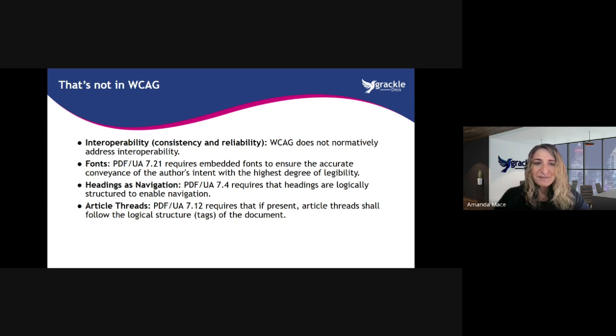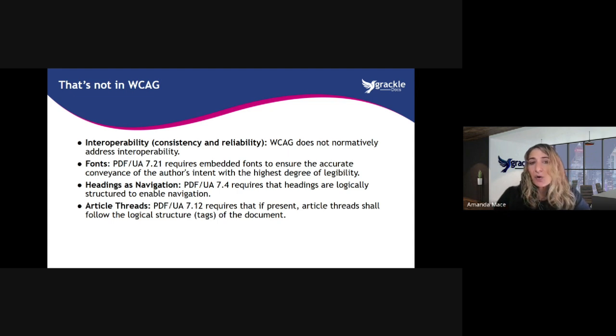Another difference, and this is a great way to highlight the difference between web content and PDF content. In the vast majority of PDF files, as well as other file formats, so Word files, Google, whatever you're using, headings are the only feature providing that intra-document navigation for assistive technology users, right? So being able to understand not just contextually the content that you're reading, but also being able to navigate.